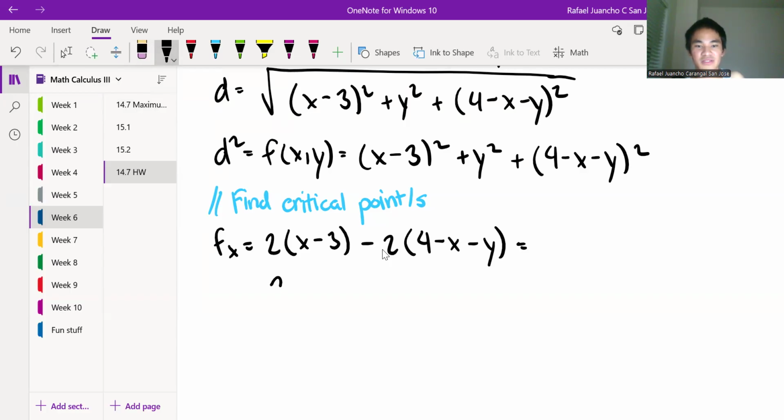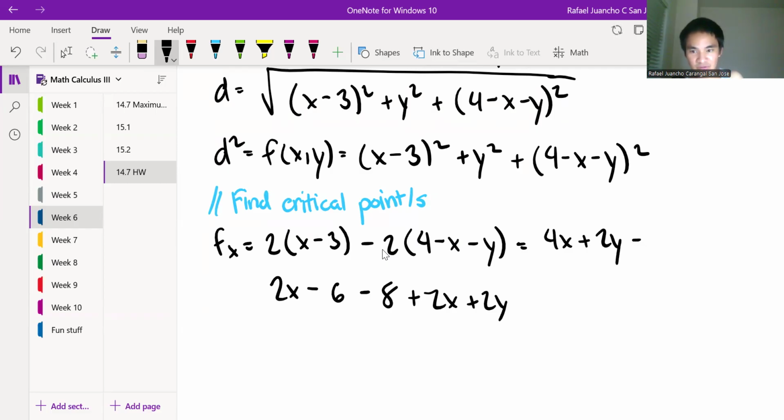Then if I simplify, this is 2x minus 6 minus 8 plus 2x plus 2y. So I get 4x plus 2y minus 6 minus 8, 14. Right? And then from there, this is equal to 0.